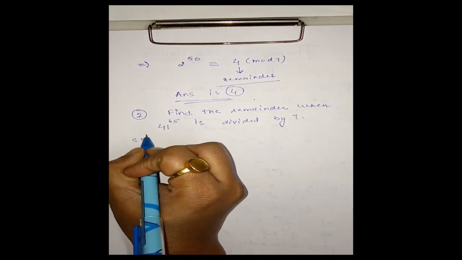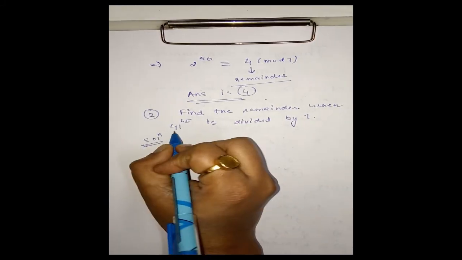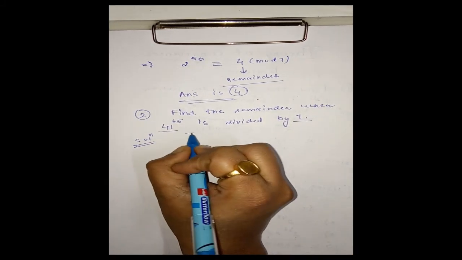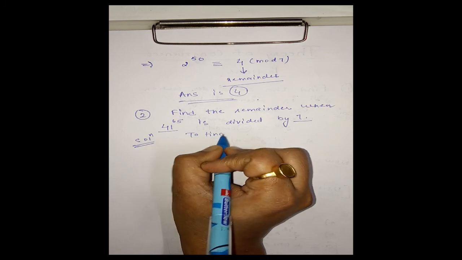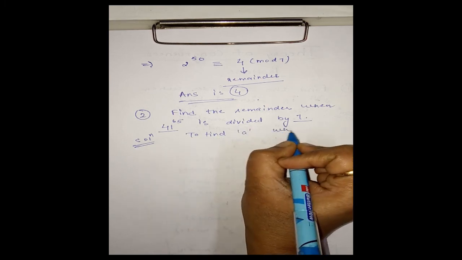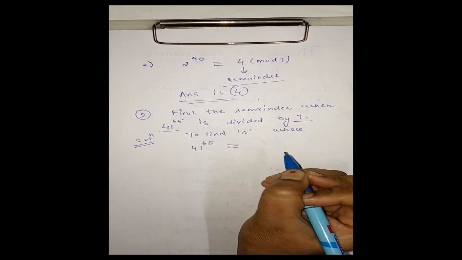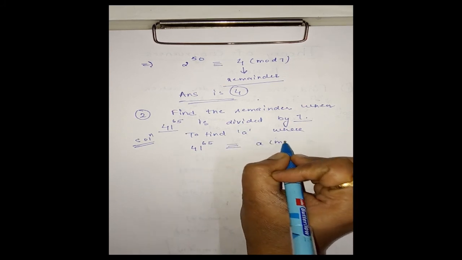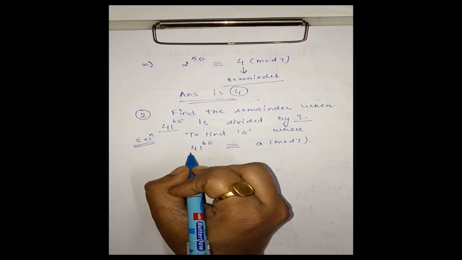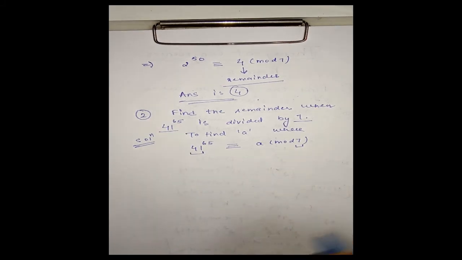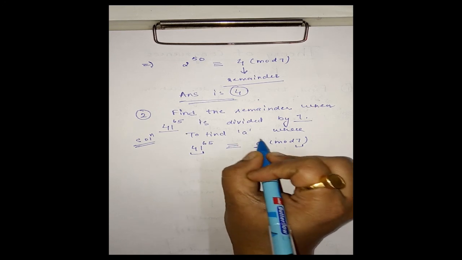That is, here also we have to find A where 41 power 65 is congruent to A modulo 7. A is the remainder obtained on dividing 41 power 65 by 7. Okay. We have to find this A.